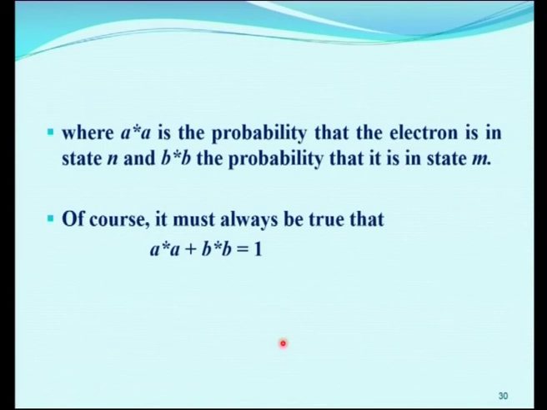Here a star a is the probability that the electron is in state n, and b star b is the probability that it is in state m. Of course, it must always be true that a star a plus b star b is equal to 1. A star is the complex conjugate of a, and b star is the complex conjugate of b. Together, if we sum up, the resultant value is 1.